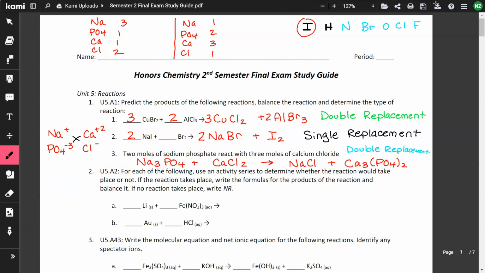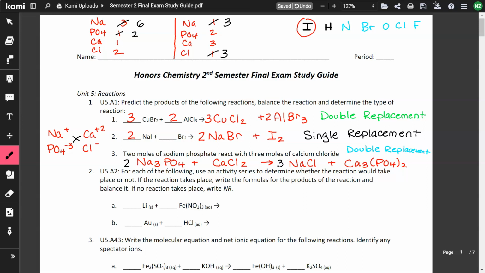Let's put a 3 on the right side. So that becomes 3. And then 3 times 1 makes this a 3. Okay. Phosphates, we've got 2 on the right, we have none on the left, so let's put a 2 here. So 2 times 3 makes this a 6. 2 times 1 makes this a 2.